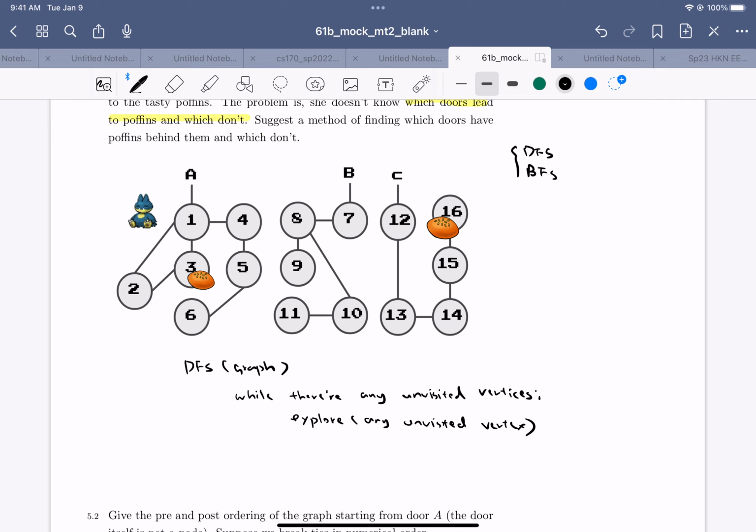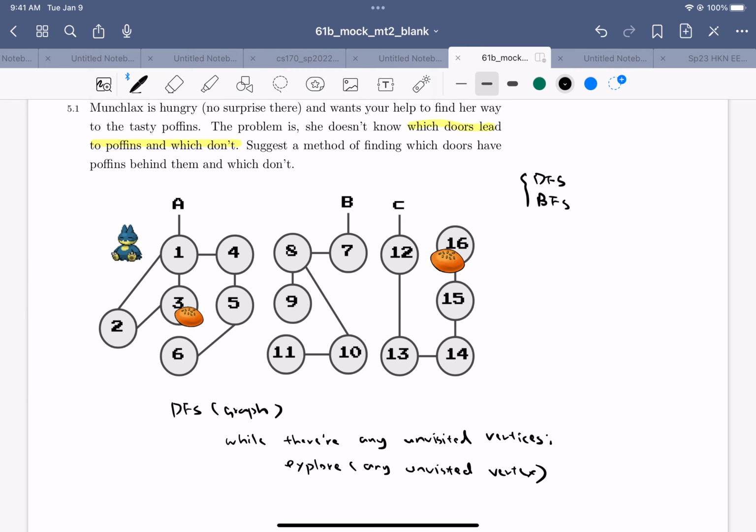Okay, so we can see in this question we have three different components, right? The component connected to door A, the component connected to door B, and the component connected to door C. And for these three components, one single explore function call cannot traverse the entire graph, because these three components are isolated.